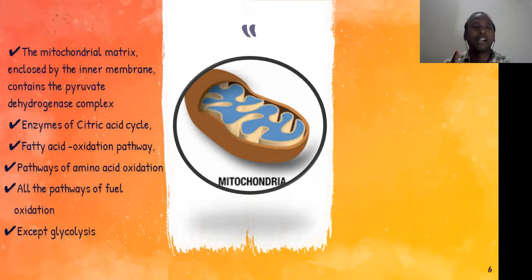If you remember, glycolysis takes place in the cytoplasm of the cell, not in the mitochondria. But all the other pathways, like the pyruvate dehydrogenase complex, the citric acid cycle, the beta oxidation pathway and the amino acid oxidation pathways, are present in the mitochondrial matrix.